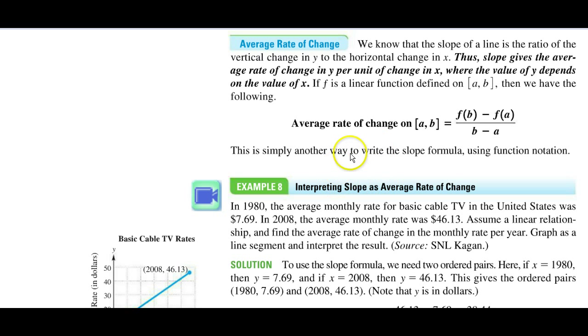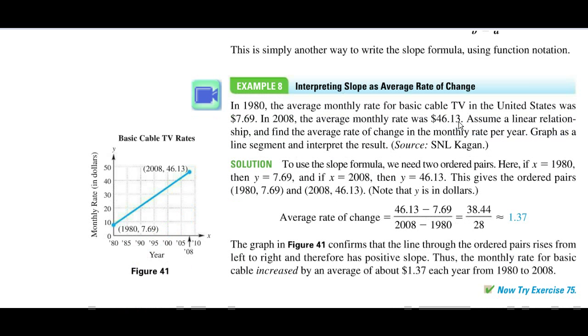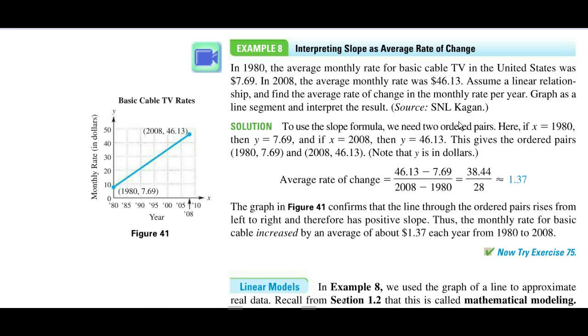So here they're talking about average rate of change, and you can read that over if you like, but let's go on to our example, because here they're saying this word problem. I'm not going to read it all, but it looks like in 1980 you sold this many, or it cost this much, but in 2008 it costs this much.